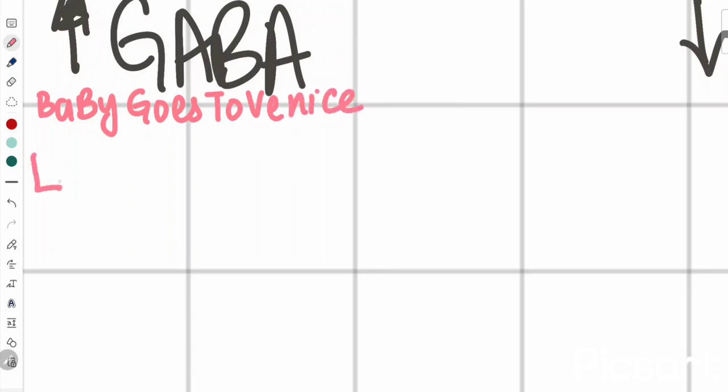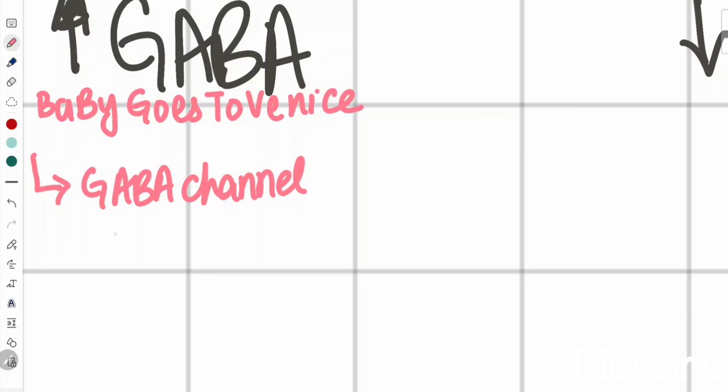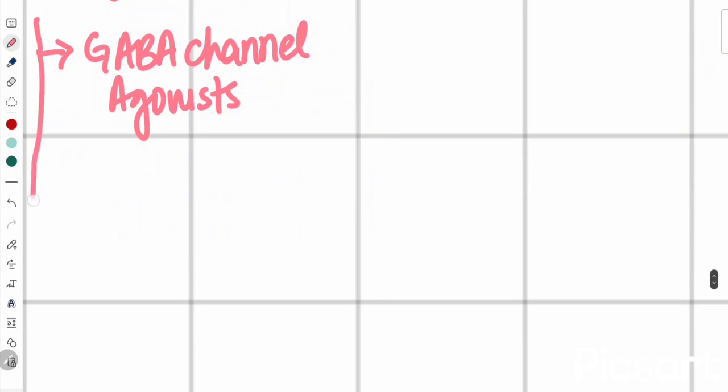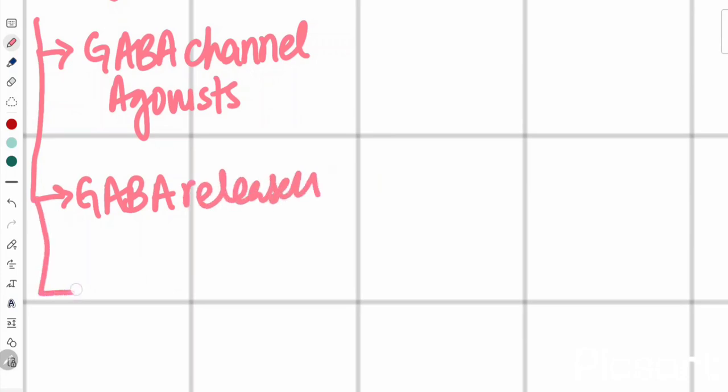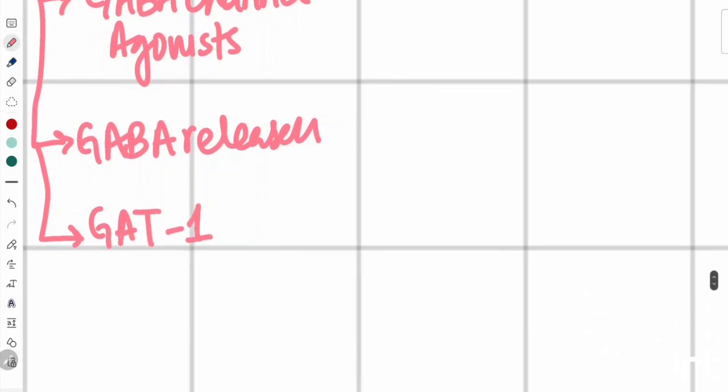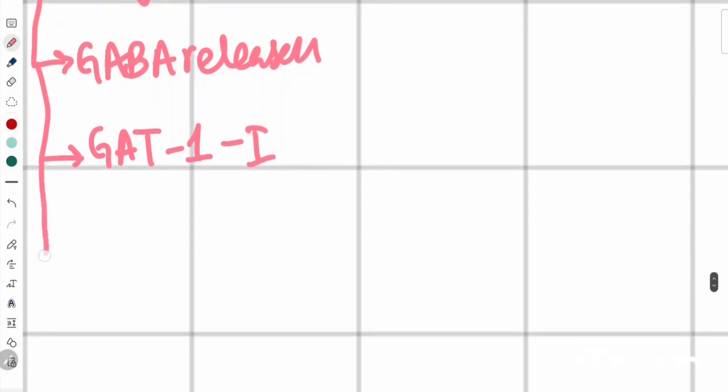So basically the first is GABA channel agonists. Another one is GABA releasers, that cause increased release of GABA. The other is GABA reuptake inhibitors, called GAT1 inhibitors, that inhibit the reuptake of GABA, and transaminase inhibitors.